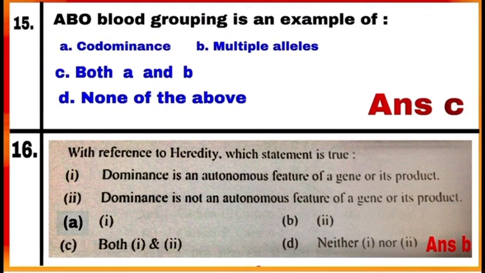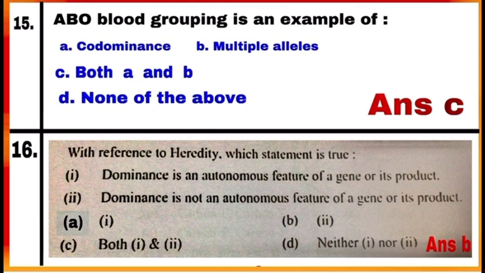Question 16. With reference to heredity, which statement is true? Statement 1. Dominance is an autonomous feature of a gene or its product. Statement 2. Dominance is not an autonomous feature of a gene or its product. The term autonomous means independent. Dominance is not an autonomous feature of a gene.